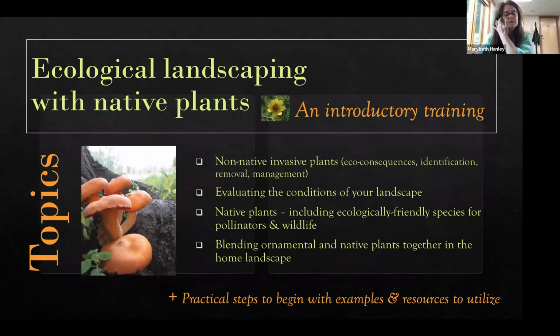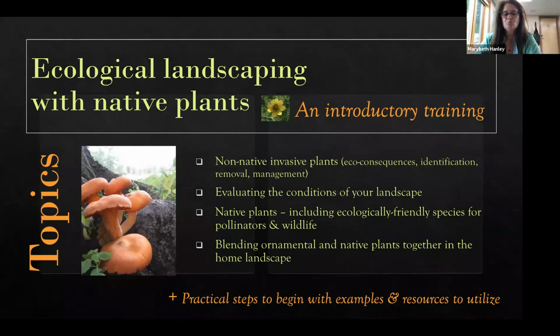So what I want to do here is talk about four major topics that have to do with ecological landscaping with native plants. I'm going to start with non-native invasive plants, which will be timely since this is Invasive Species Awareness Week in the Finger Lakes.